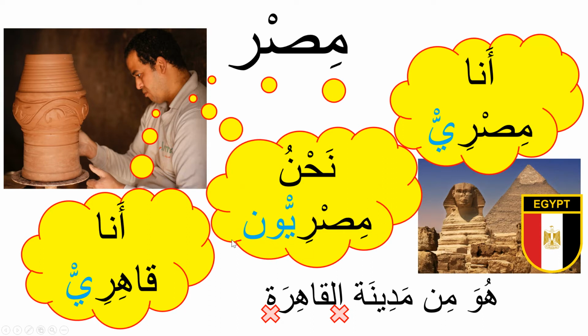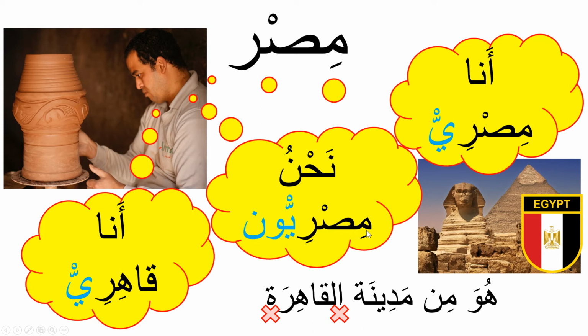When you have nisba adjectives, oftentimes you can make them plural. Actually, all nisba adjectives can be made plural if they're masculine or a mixed group of masculine and feminine. They can be made plural by adding the suffix un to the end of the word. So you have misri, that's one Egyptian thing or person, and then you can make it a co-ed group by just adding un to the end.